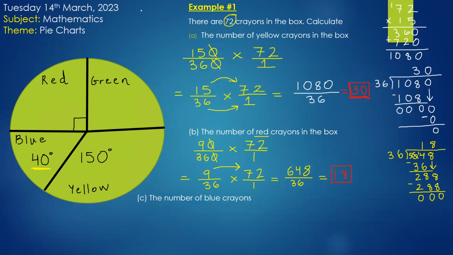40 over 360 times 72 over 1. Very good. So 40 over 360 multiplied by 72 over 1.